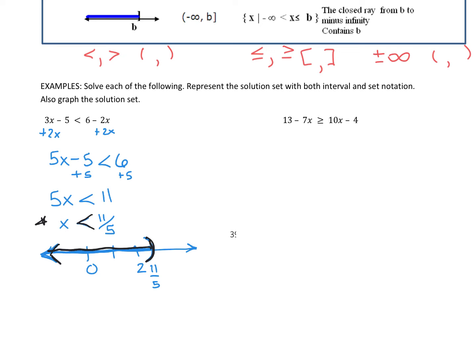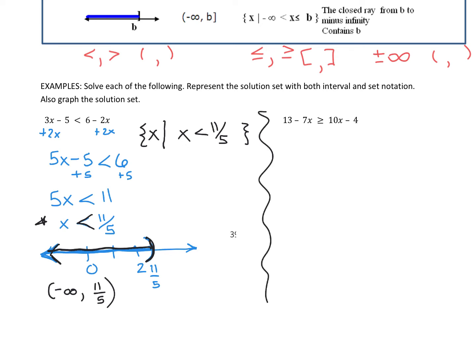But your x does have to be on the left-hand side. So for this one, if I read the graph from left to right, my interval notation is negative infinity up to 11/5, parentheses. The set notation, which we don't use very often, is a set, so we use x, we read the bar as such that, and then we just repeat the inequality, x is less than 11/5.